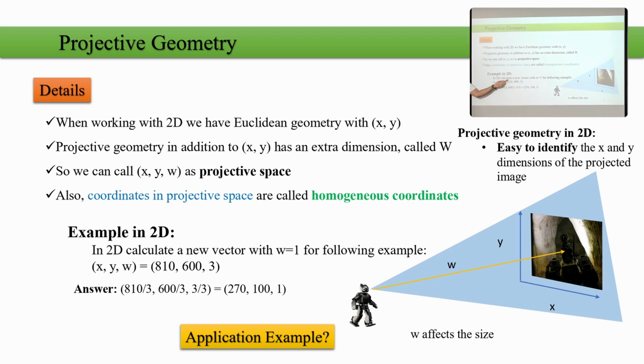For example, if our image is 810 by 600, we have the parameter 3 here that we added in homogeneous coordinates. If we want to project our image, this 3 represents that, if we want to project this point, the frame, the picture that we have over the coordinate system, can simply be divided by the number that we have in homogeneous coordinates, w.